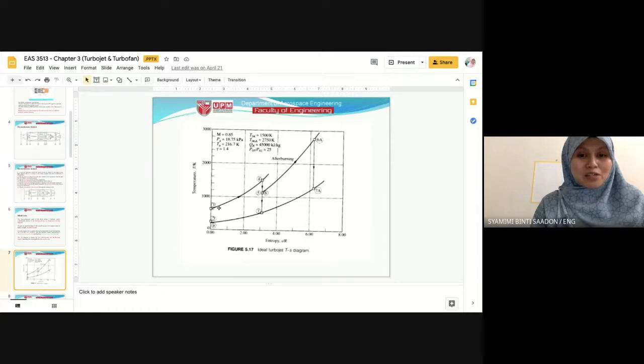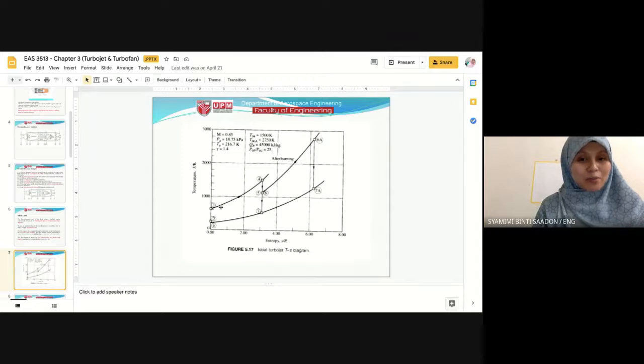Remember also this line in the TS diagram, this is the isobar line. Isobar means the pressure is constant. So in the ideal case, we suppose that the combustion process occurs at constant pressure. When we burn, we mix the fuel and the air, and we assume in the ideal case that the pressure is constant.